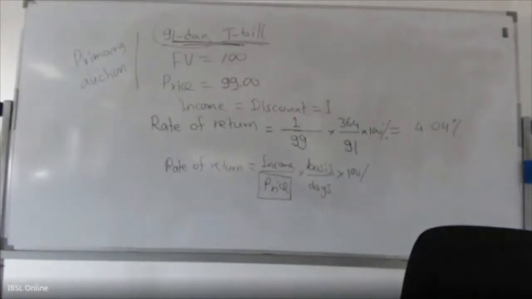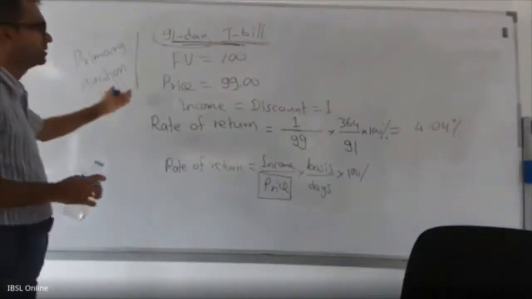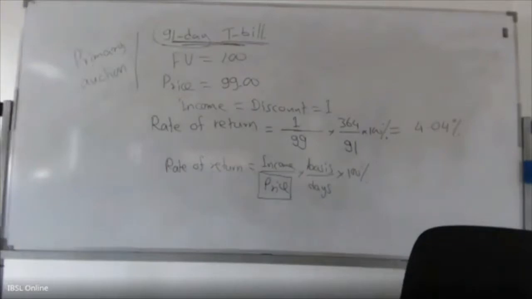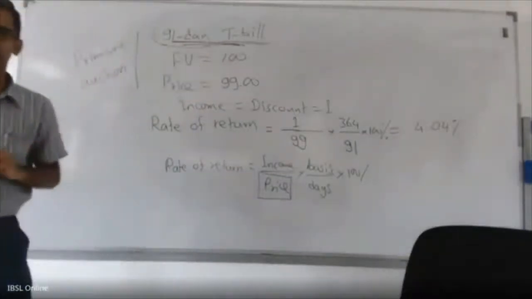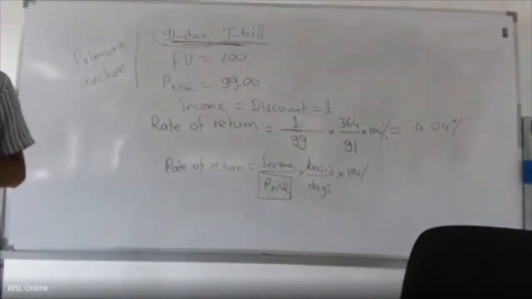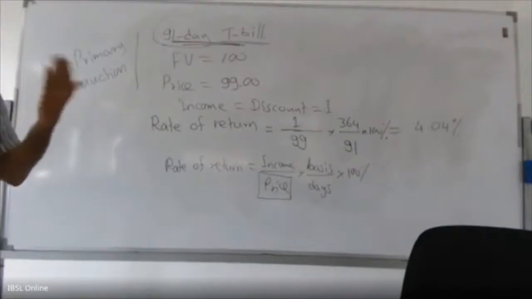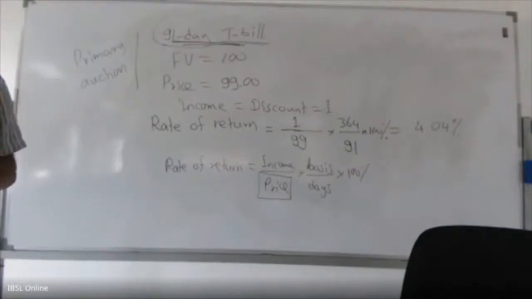The investor who purchased this treasury bill from the primary auction by paying 99 rupees and sells it to another investor after 20 days at 99 rupees. What is his rate of return?